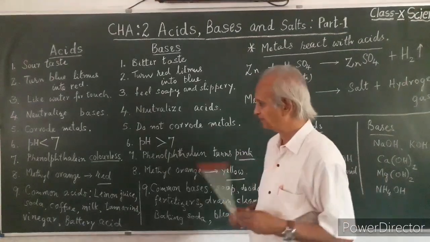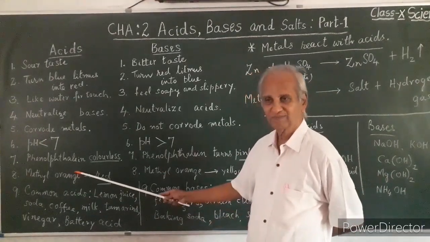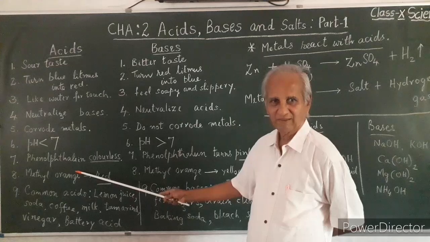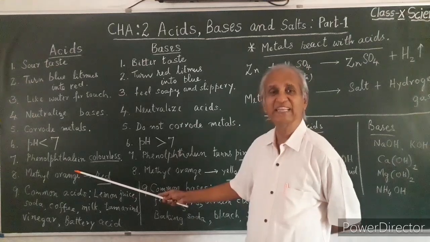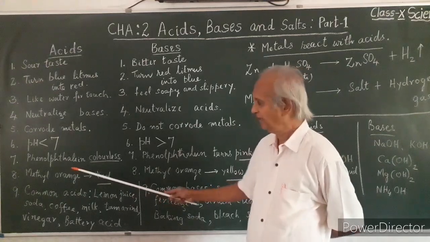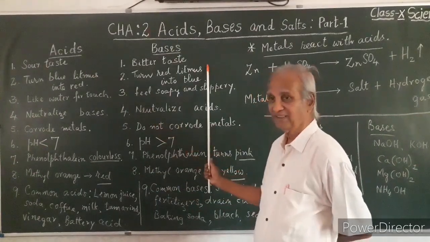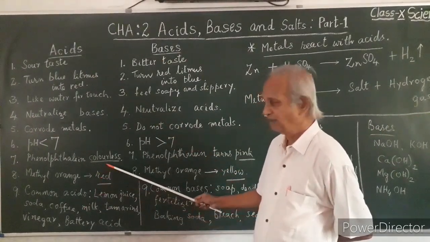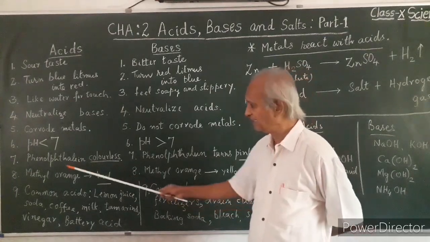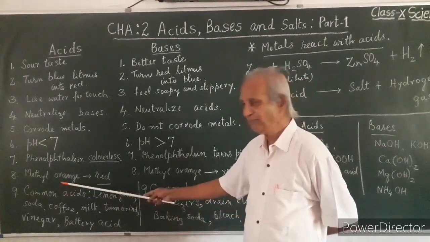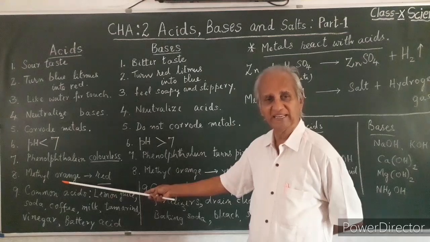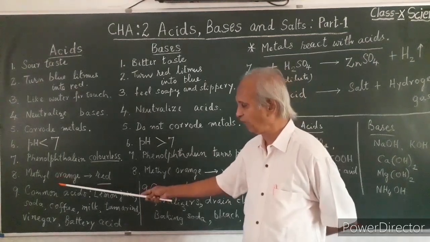See children, phenolphthalein is a mineral indicator. It can tell us whether the given solution is an acid or a base. It is from minerals we get phenolphthalein. In the same way, one more mineral indicator is methyl orange.